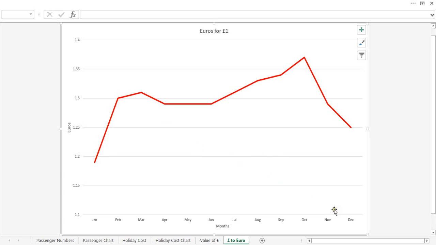So if I wanted to look at December, I can follow this line, see that that line touches around about there, follow it back to see it's around about 1.25. So grid lines have helped make this clear. And it has the key features of the title, the axes labels and the individual labels, and the line itself we've done in red. It's quite bold, it's clear and easy to read.